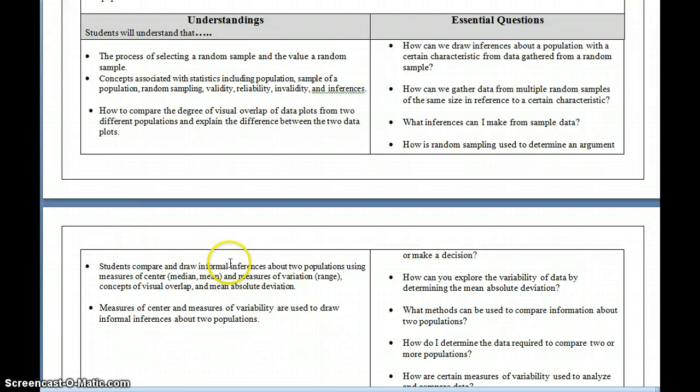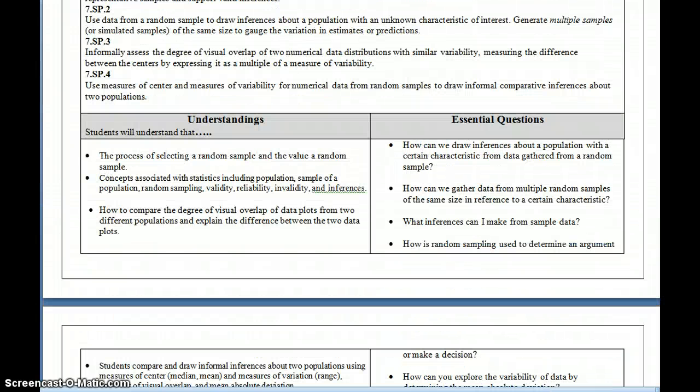Students compare and draw informal inferences about 2 populations using measures of center. Measures of center and measures of variability are used to draw informal inferences about 2 populations. So that is another part of Stage 1, the understanding students should come away with.